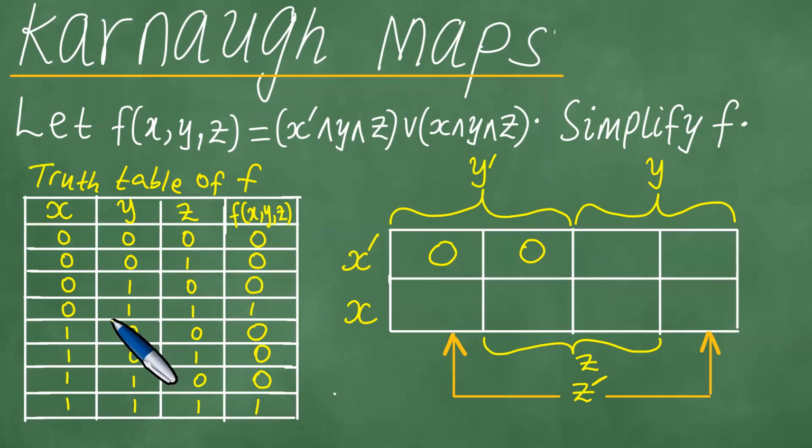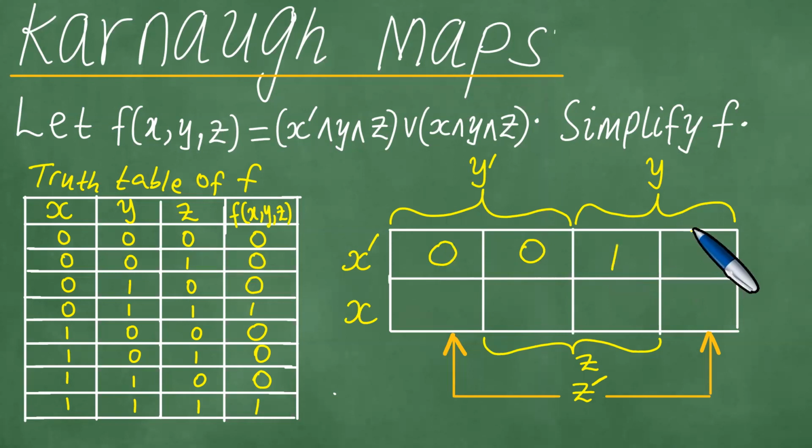This one here is 0, 1, 1, that's not X, Y, and Z. It's a 1, so you put a 1 here. Next, you come here.